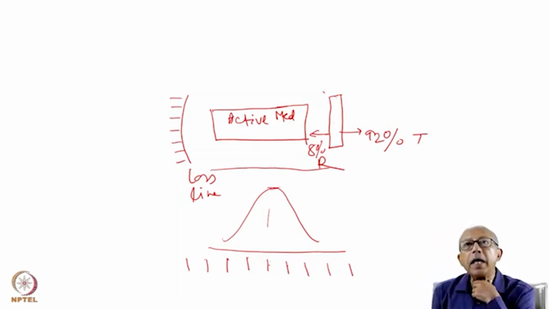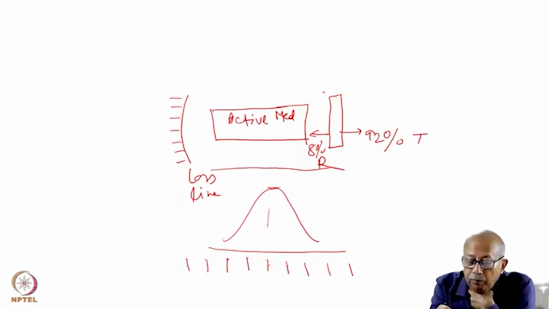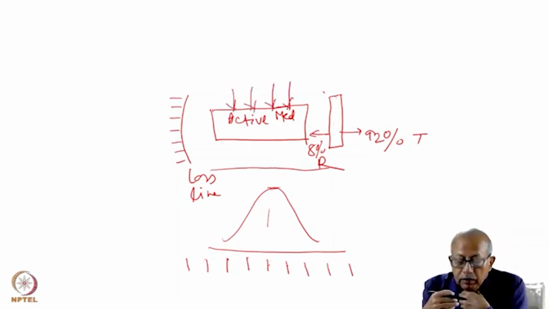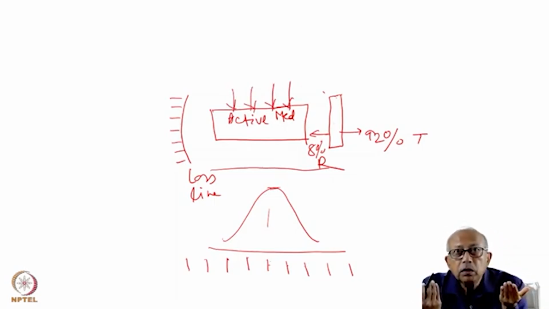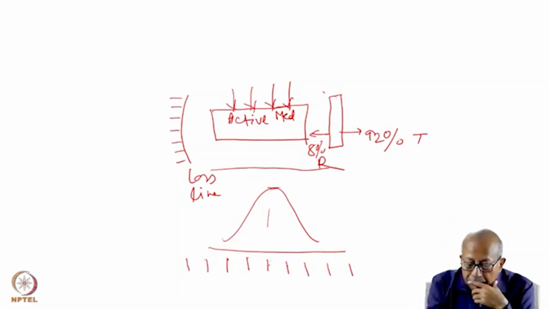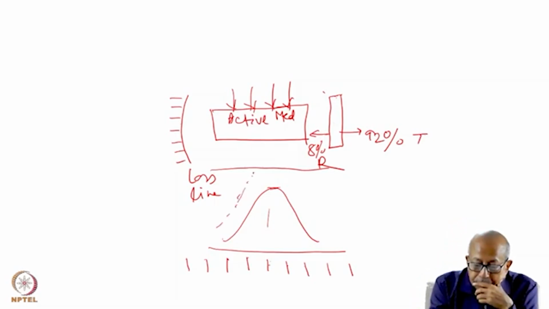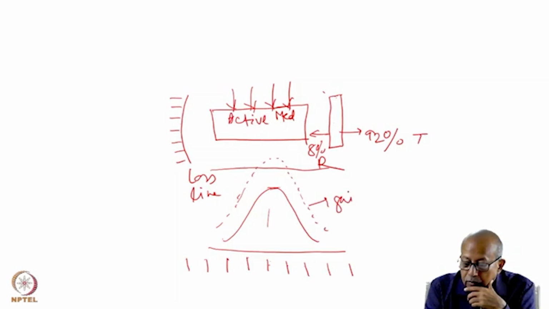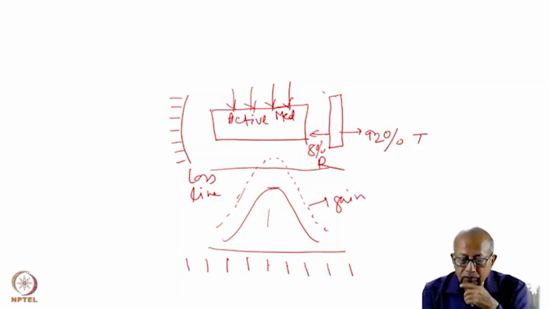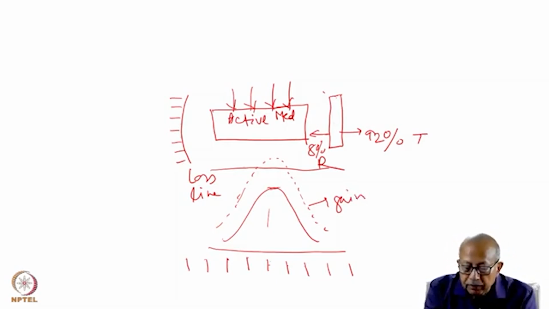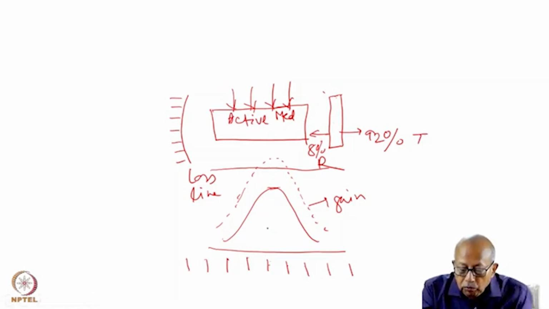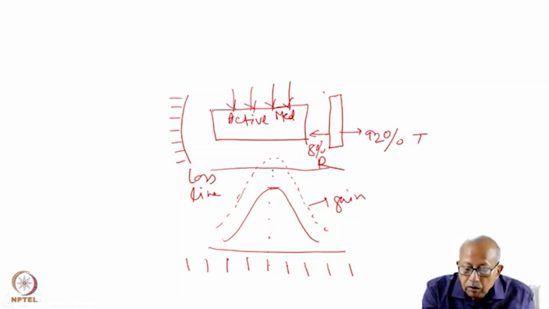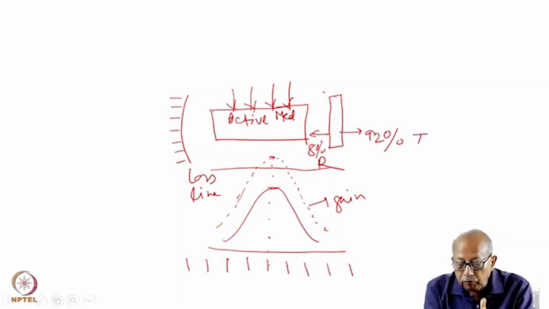But you can of course say that, well, we will pump the medium harder and create more population inversion that will result in higher gain, and therefore we can arrive at a condition where the gain has exceeded the loss. Now see, under this condition, you can see this mode has a gain which is more than the loss. And therefore, of course, this mode would lase.